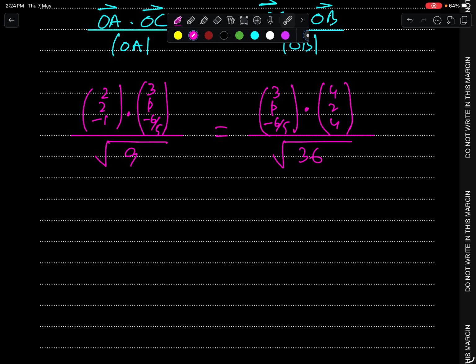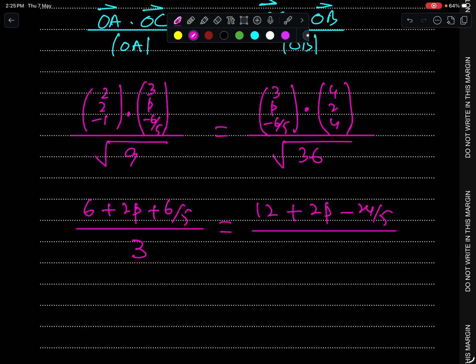Now take the dot product of these two: 6, 2P, plus 6 upon 5, divided by 3, equals 12, 2P, 24 upon 5, divided by 6.